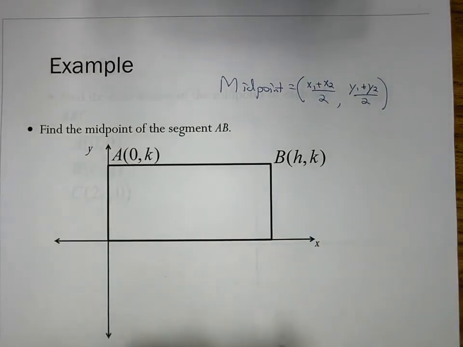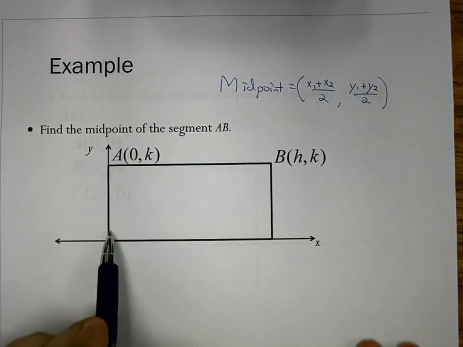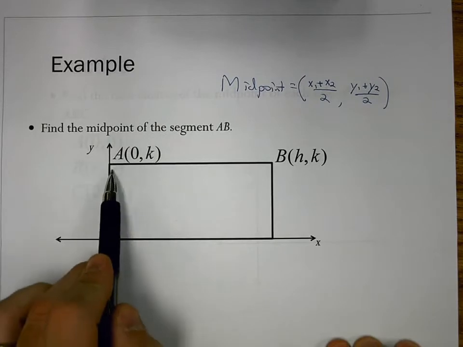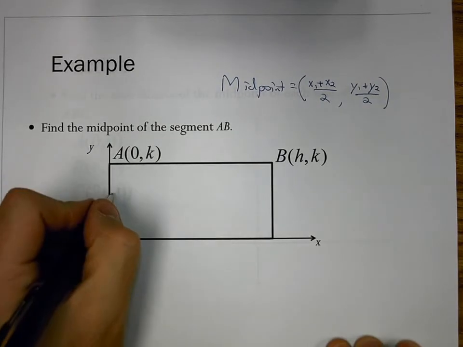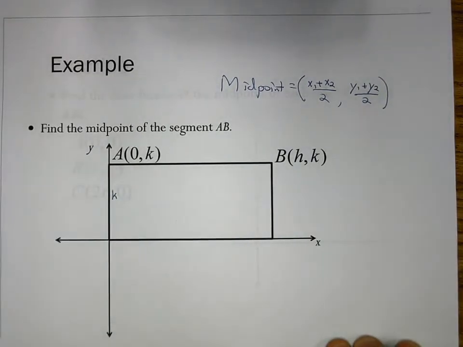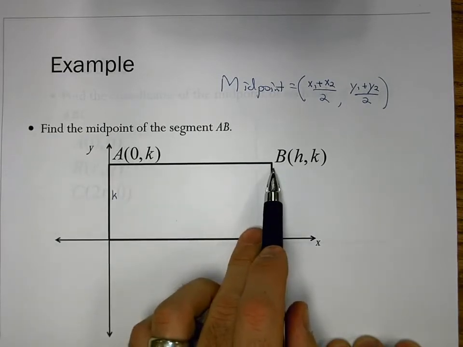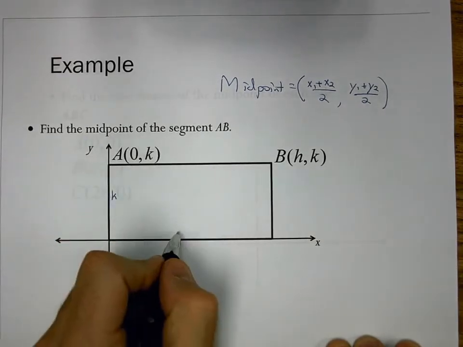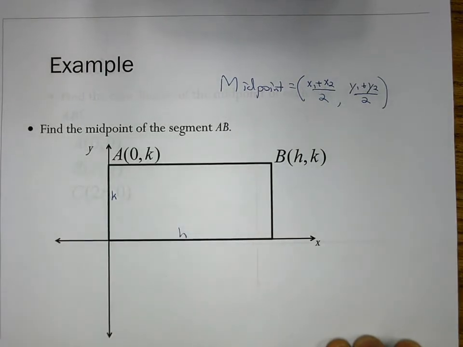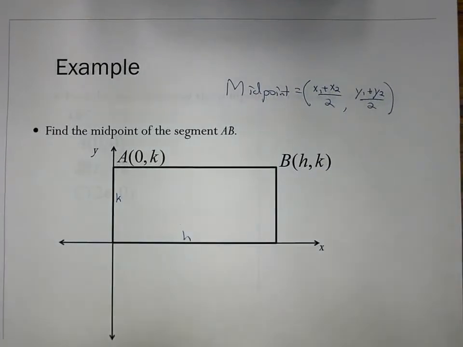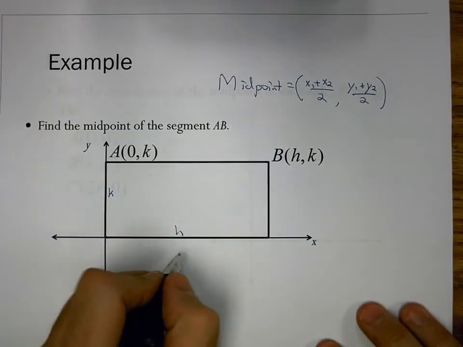Before we do that, let's make sure we're clear on how we got to those points. If I was at 0, 0, I went up to A, k units. So my height of this rectangle we could call k. From there, I went over to the right, h units. So the base, or the length, would be h. Not necessary in solving it, but it's good to make sure we're clear where those values are coming from. So now we're going to find the midpoint.